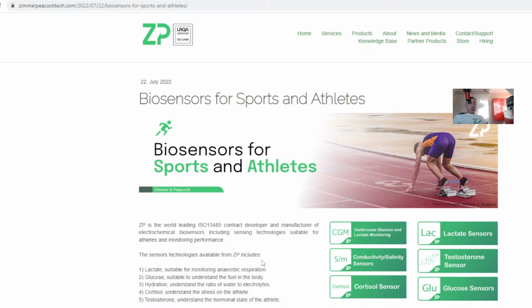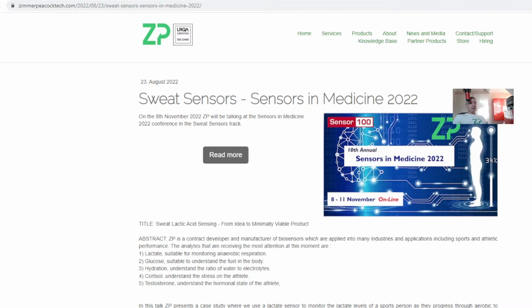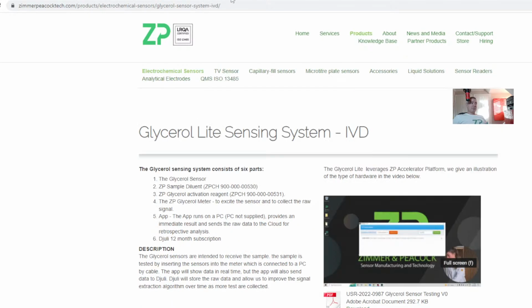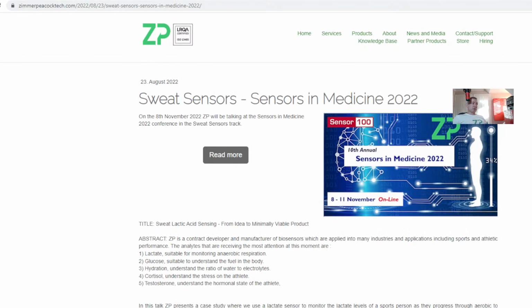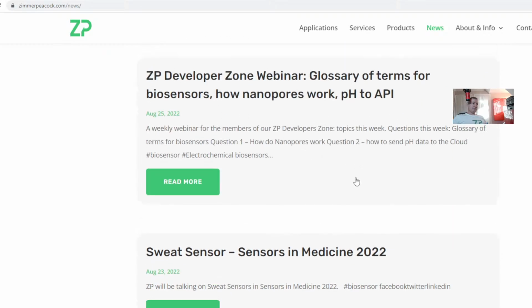And then we have some really important ones, testosterone and cortisol as well, and understanding an athlete's testosterone and cortisol levels can be really useful for understanding performance. So we're talking at the Sensors in Medicine conference, and it's really in line with our interest in sensors. We do a lot of sensors for health, for agri-tech these days, and for aquatech, and now it's interesting to also explore the sports applications of these sensors as well.